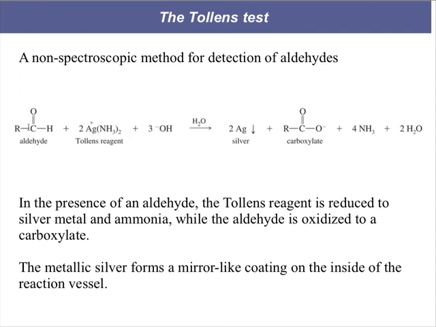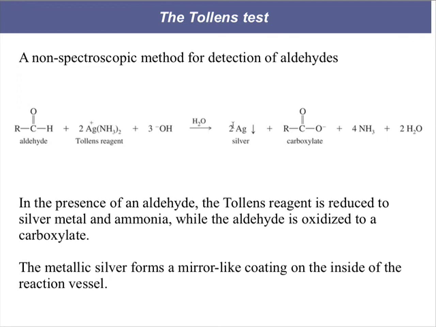And when we react an aldehyde with the Tollens reagent, the silver gets reduced from silver plus to silver metal, Ag0. And the aldehyde gets oxidized from the aldehyde to a carboxylate. We end up also making ammonia and water along with that. But this is a useful reaction for detection of aldehydes because the product is silver.